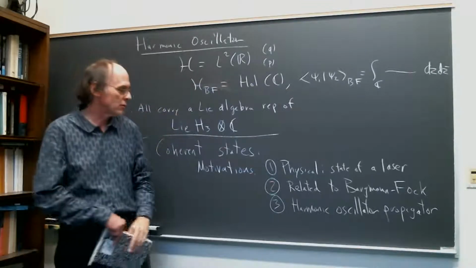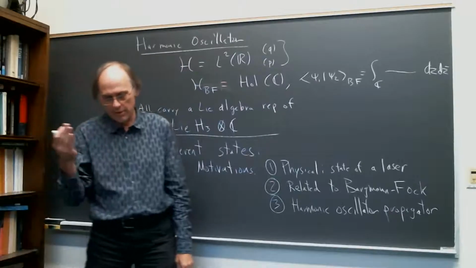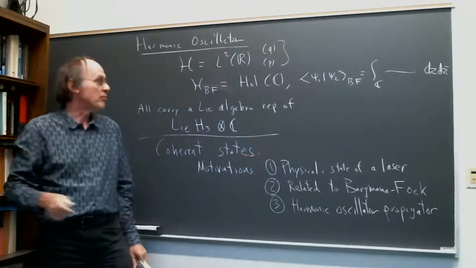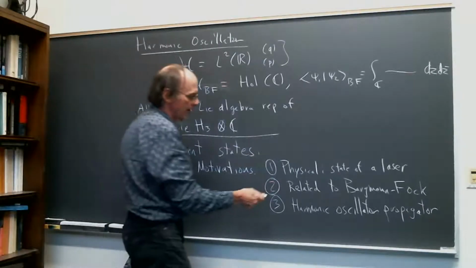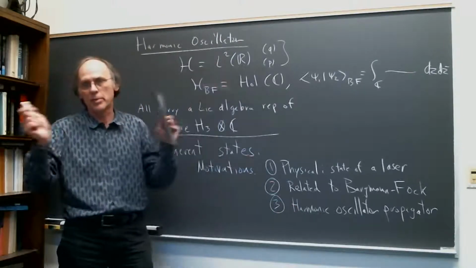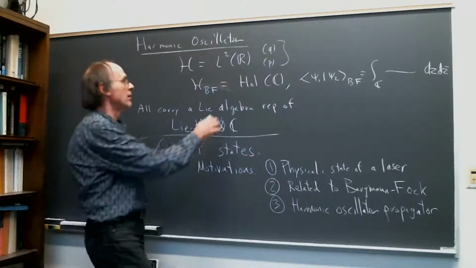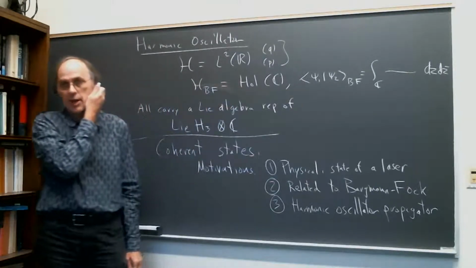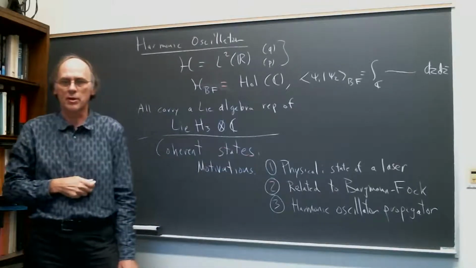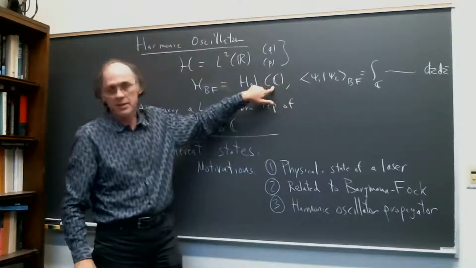The fundamental problem is what you've done: if you use wave functions that depend upon space, you have a nice intuitive idea of what's going on, but what you've really done is break this beautiful symmetry of the harmonic oscillator between Q and P in phase space. And that's the great thing about Bargmann-Fock: it doesn't break this nice symmetry between P and Q. It's just the rotational symmetry in the complex plane.